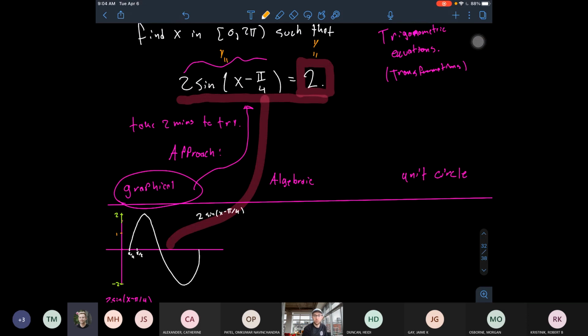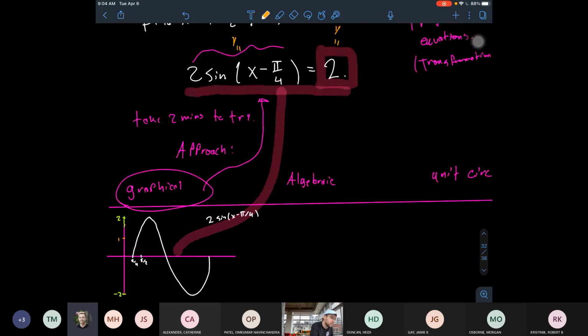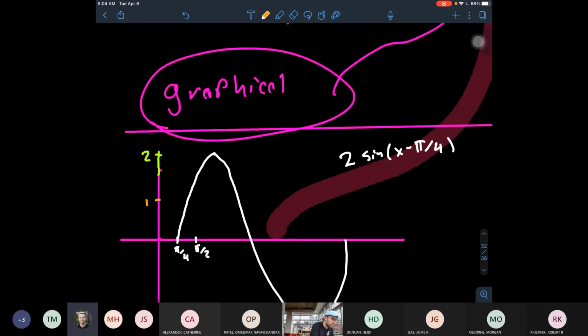What does y equals 2 look like? Very good, a horizontal line. We should have a horizontal line because y is describing the height, so the height is fixed and x can just be anything it wants. So the graph of the right-hand side looks like this horizontal line with height 2. So here is y equals 2.